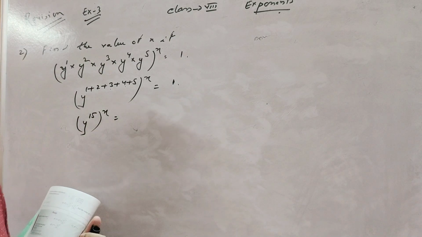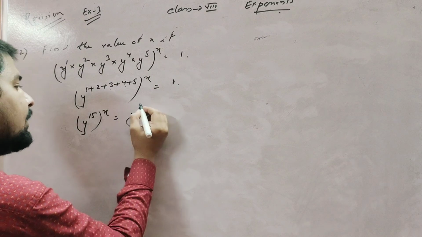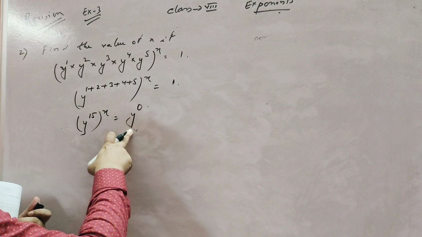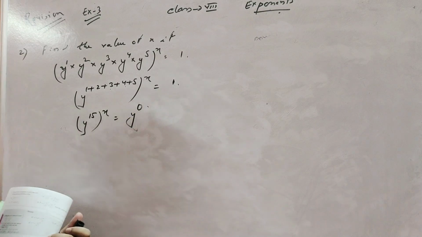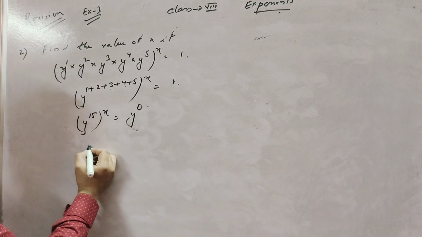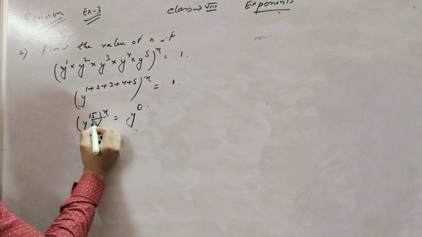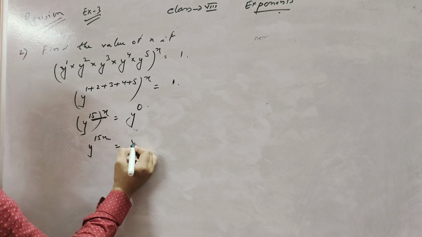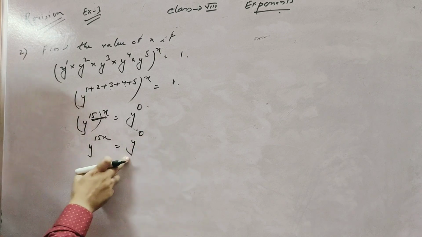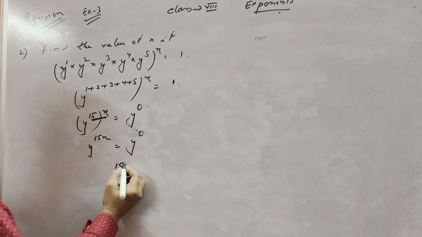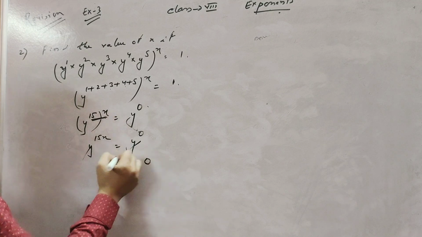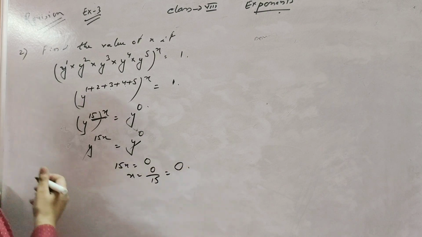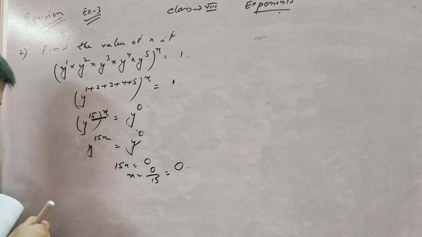In place of 1 we write y to the power 0, because we know that any base with the power 0 is 1. So y to the power 15 multiplied by x, that is 15x, equals y to the power 0. So y cancels, and we write 15x equals 0. So x equals 0 by 15, that is 0. Okay, note.